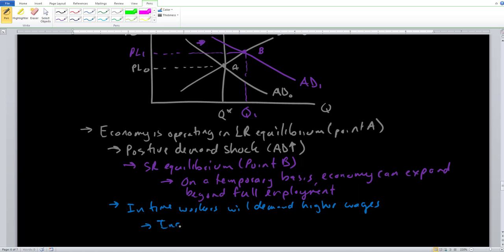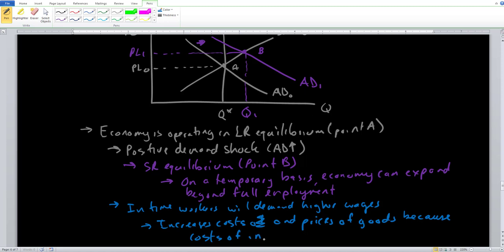So here, this increases costs of doing business. So we'll just say, hey, costs and prices of goods, and essentially doing business, because the price of inputs have increased. So cost of inputs rise.